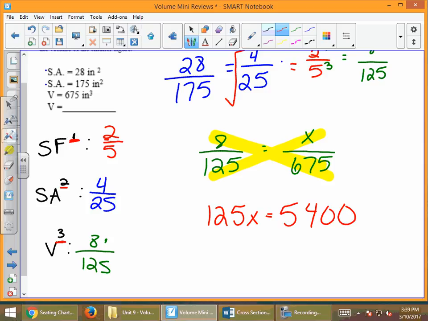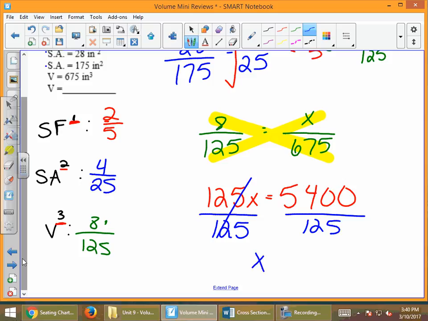Then to get X by itself, all you have to do is divide by 125. So our smaller volume is, rounding a little bit, 43.2 inches cubed. Make sure you match the units.